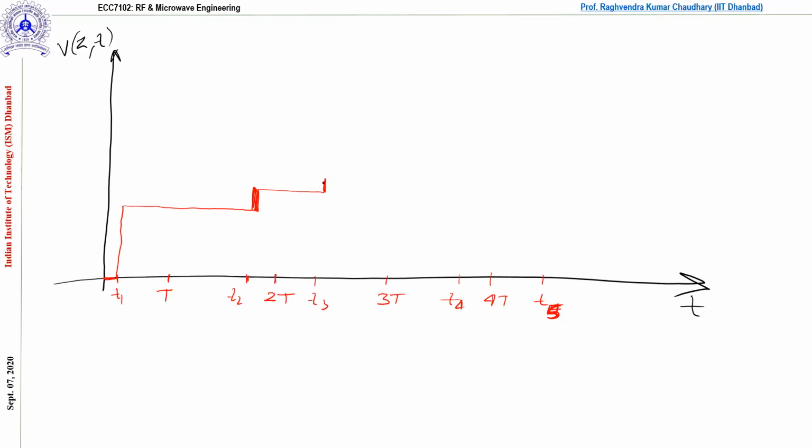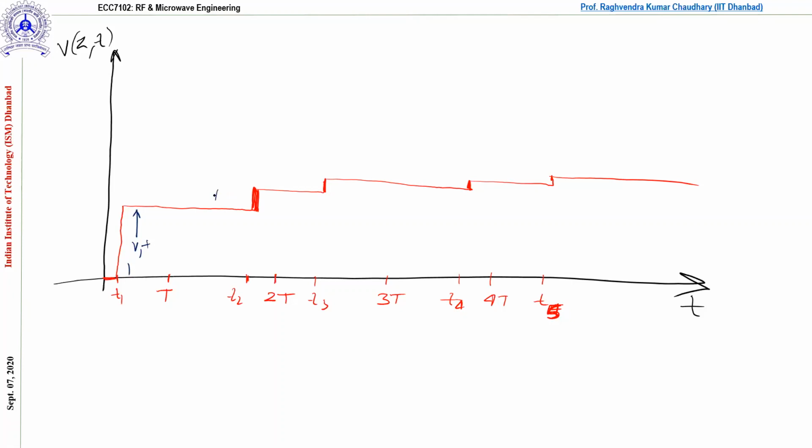And it will keep going on up to small T4, and then again a very small step is coming and it reaches T5, and then again a small step is coming and it keeps going like that, and it will settle down, fine. What we have seen in the last class, the formula, it will settle down. So if I mark this, this will be V1 plus, fine.